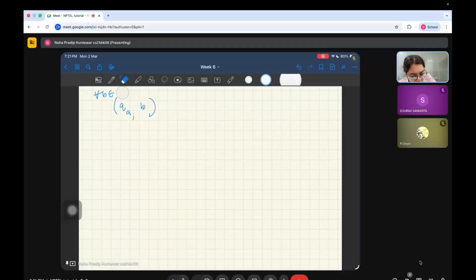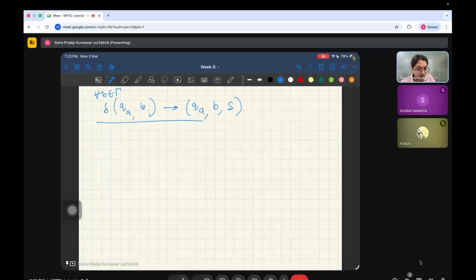Okay, not really sigma, but the tape alphabet. What you will do is you stay at QA, you write the same thing, and it doesn't really matter whether you go to the left or right or stay, but yeah, this is the transition that you will make.